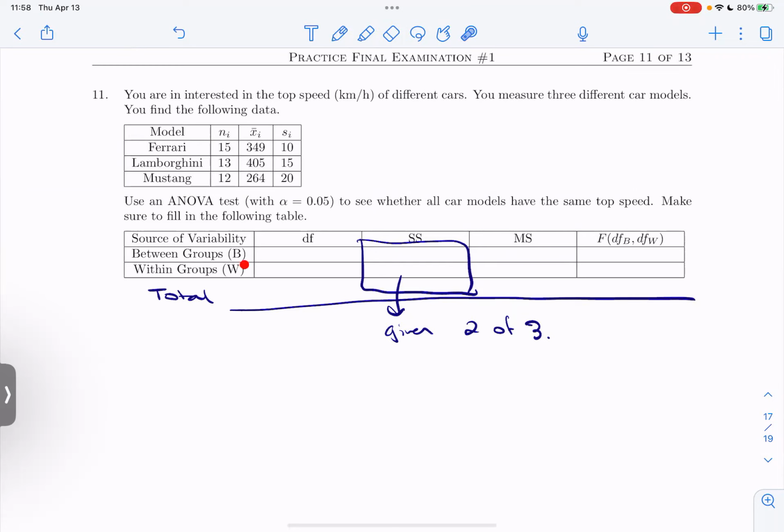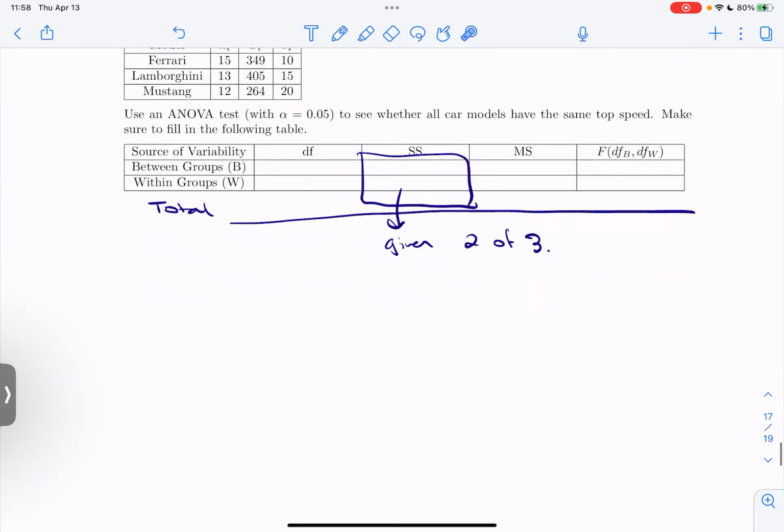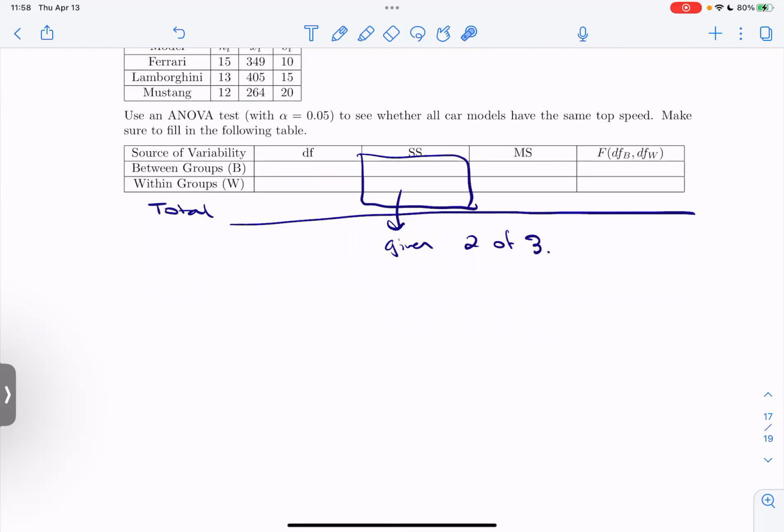The within is the residuals, okay? But I changed it to match how we were doing it, right? Because I really see no point in using these values to calculate the sums of squares by hand. You should just be able to look at some output and make sure it makes sense. So it'll be like what we did, okay? But the solutions are different.